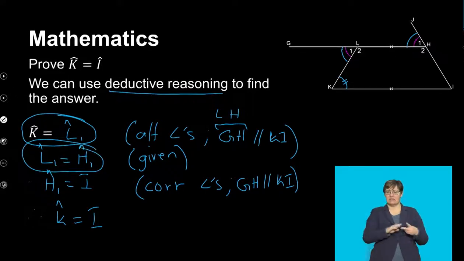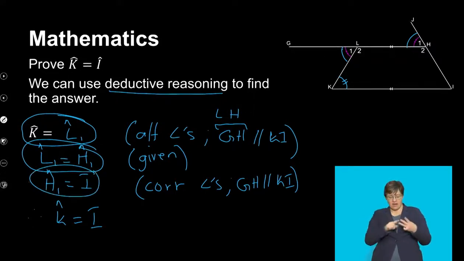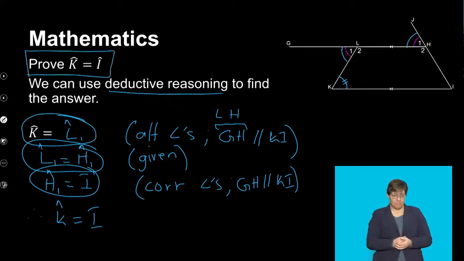I know this, I am given. I know this, corresponding. If I link all of that, then I can claim what they want me to prove, and I will be done. So that's how you use deductive reasoning to prove some questions in geometry.